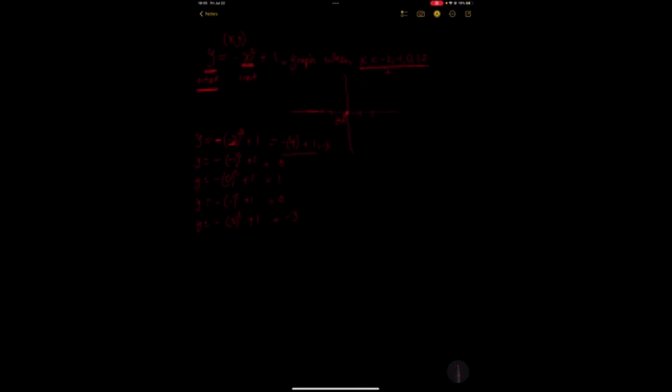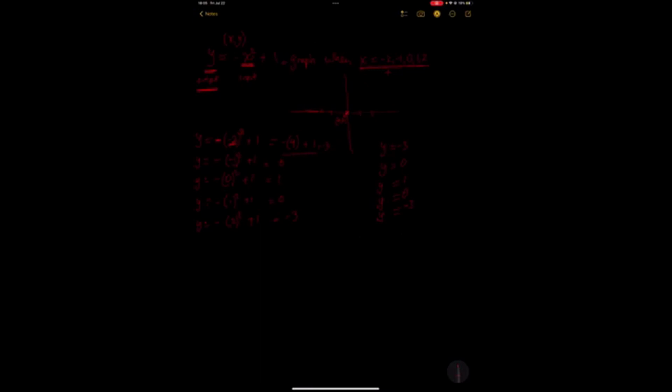Okay? So here we have the answers. Here we have the first one, y is equal to negative 3, y is equal to 0, y is equal to 1, y is equal to 0, and y is equal to negative 3. And in all of these, you see, for y equals negative 3, the x was negative 2. For y equals 0, x was negative 1.